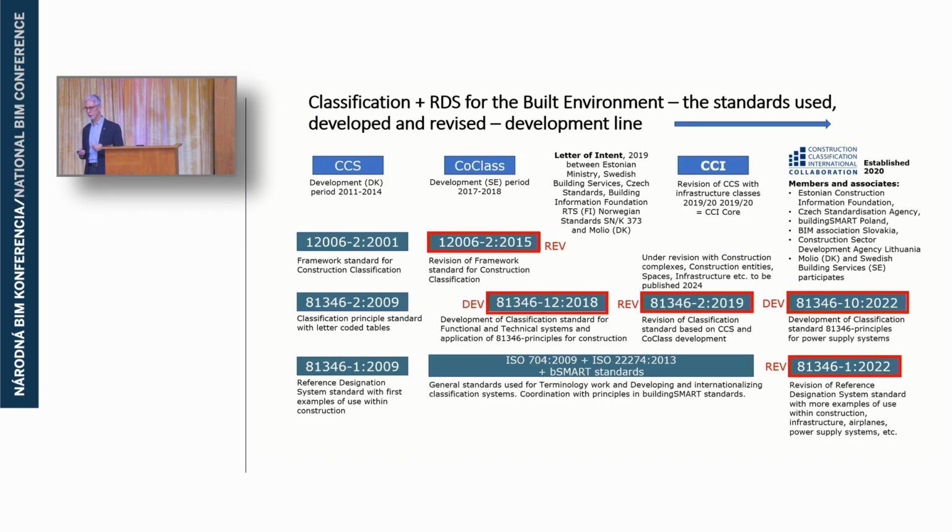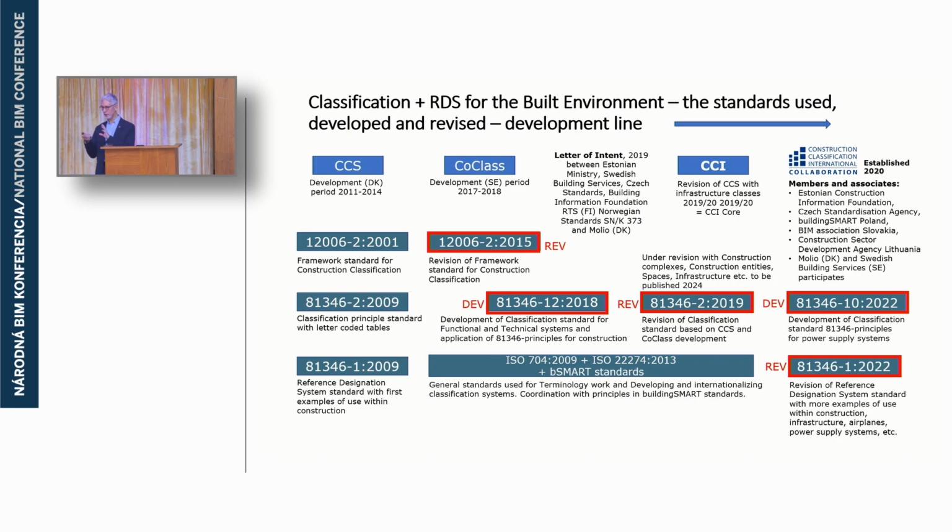And then Sweden joined, and then we revised the ISO 12006 Part 2 for classification standard, and we developed a new 81346 Part 12 with technical systems and functional systems and the principles for using this classification.